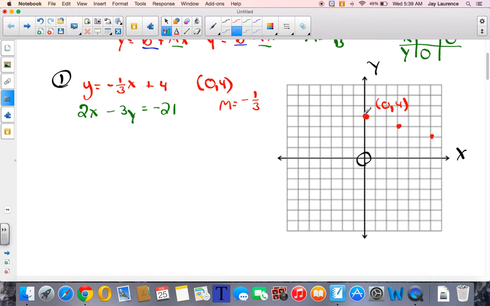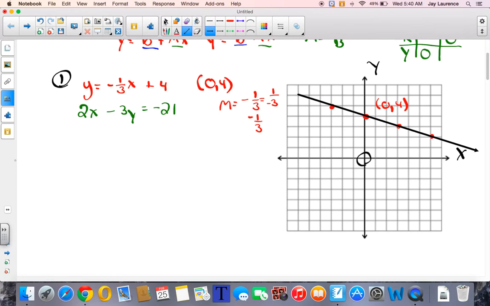I'm going to rise negative 1, run 1, 2, 3. I'm going to go back 1, go up 1, and then left 1, 2, 3. Remember, I can change both signs. I can do that, or I can do this. They're all the same fraction. Okay, so let me get this line down. And 1, 2, 3.